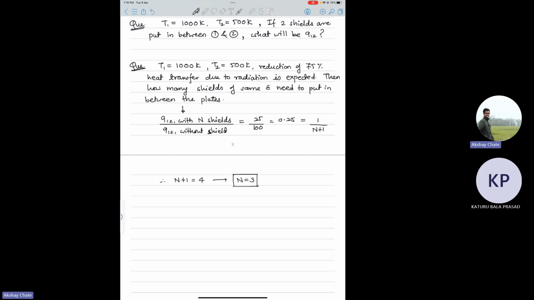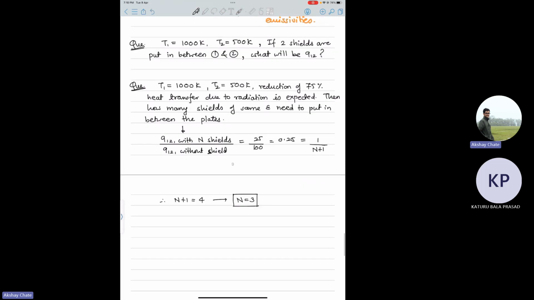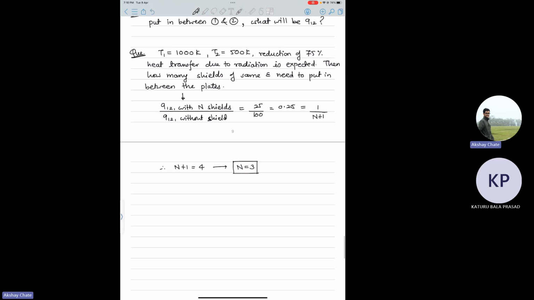I am not taking problems for each case because we don't have that much time here, but I just want to tell you what all can be asked so that you will be prepared. And then there will be a last variation that Q12 will be known, T1 will be known, let's say some 1000 Kelvin or something like that. Emissivity is known, and then find T2 with, let's say, n equal to 4 shields.